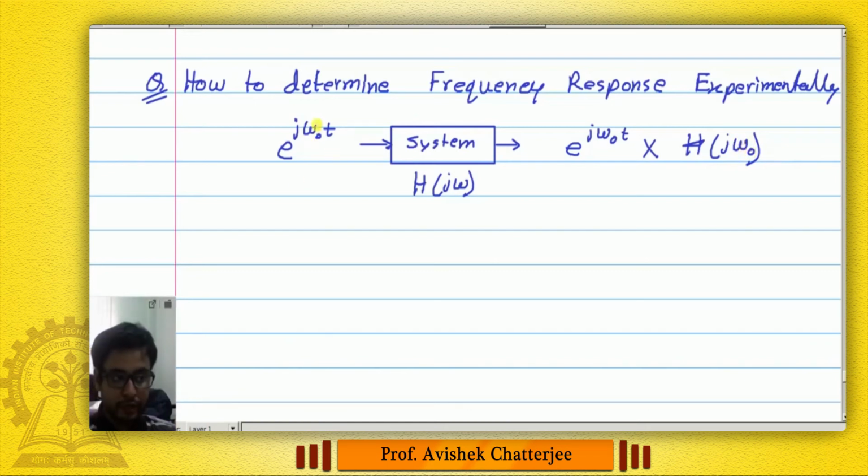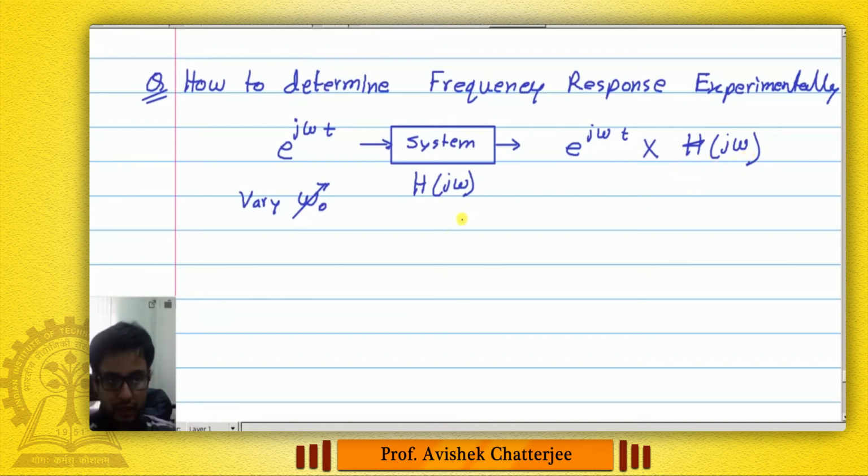Then you may vary this frequency ω₀. Suppose you have a control knob with which you can vary this frequency, increase or decrease it. Then you give different frequencies, call that ω in general, and you will get different outputs.